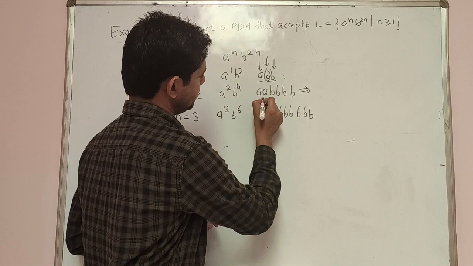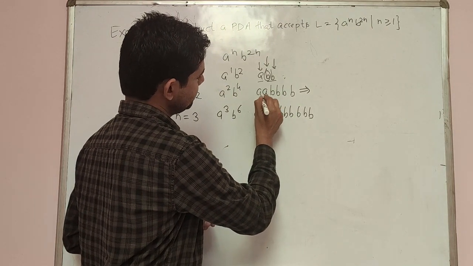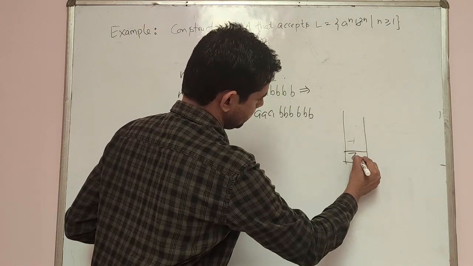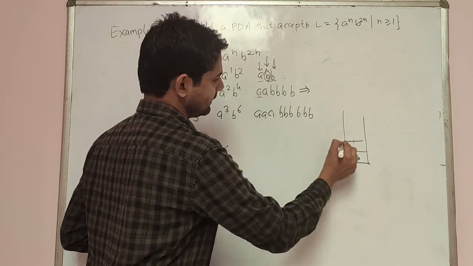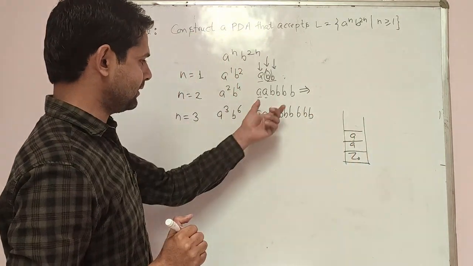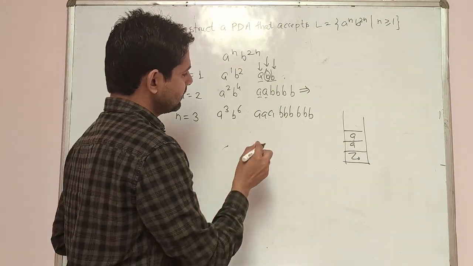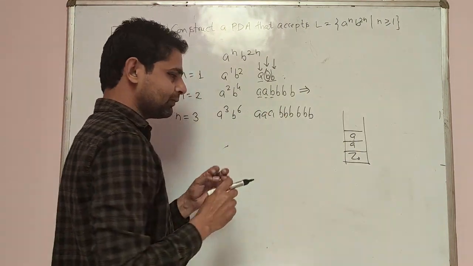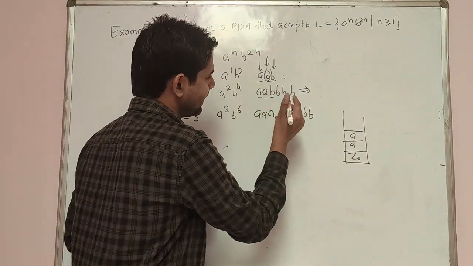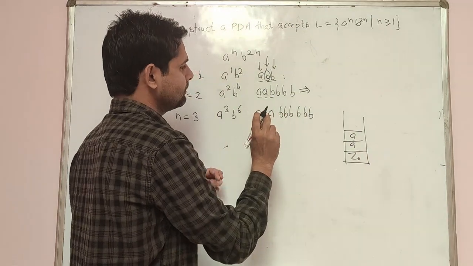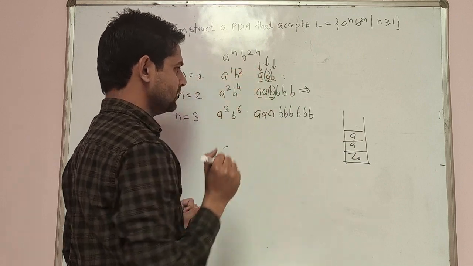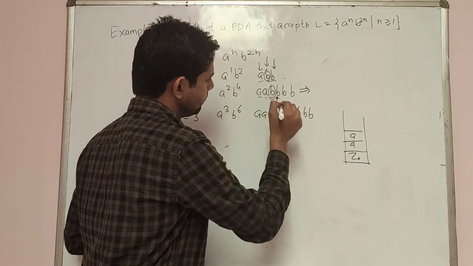In that case, we have 2 A's. For example, we are considering a stack with Z0. First we are adding A into the stack. Then we have another A, and again we are adding that second A into the stack. Then we have B. When we get the first B, we will not add that B into the stack and we will not pop any element with that B. Just we will read that B and move forward.